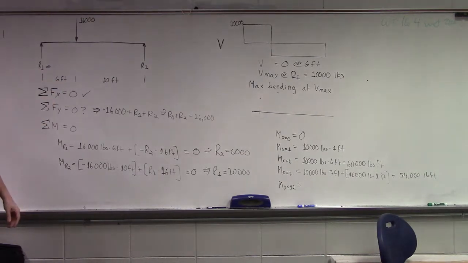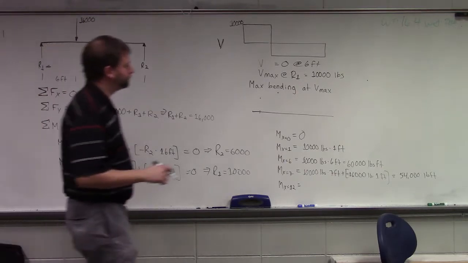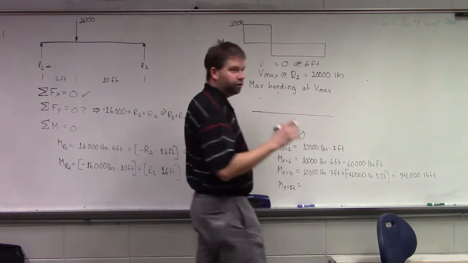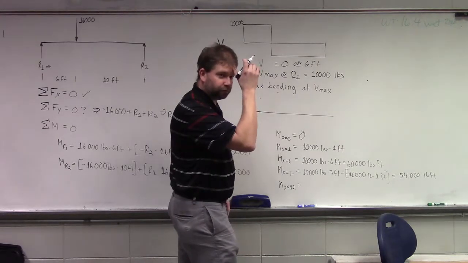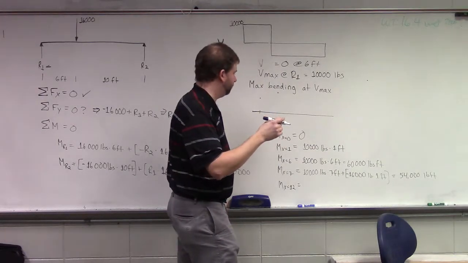The shear diagram will go up and then slope all the way down to the bottom. And how do you determine your max shear there? Just where it's crossing zero.